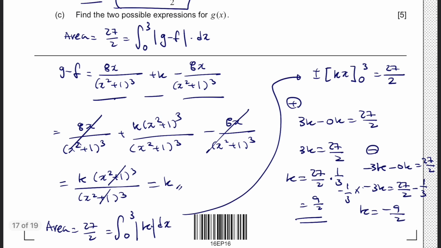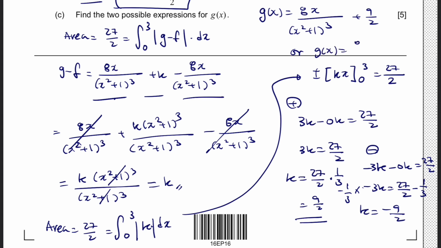So we can say that the two possible expressions for the function g of x are 8x over x squared plus 1 to the power of 3 plus 9 over 2, or g of x equals 8x over x squared plus 1 to the power of 3 minus 9 over 2. So we have got two possible expressions for the function g of x.